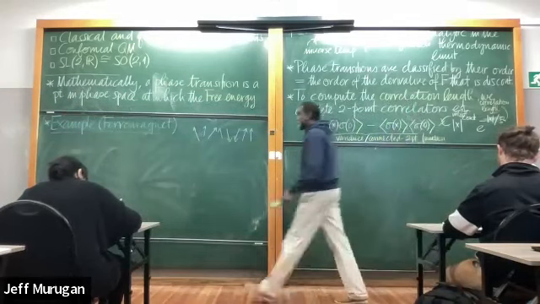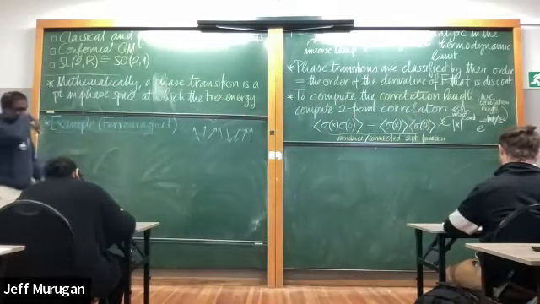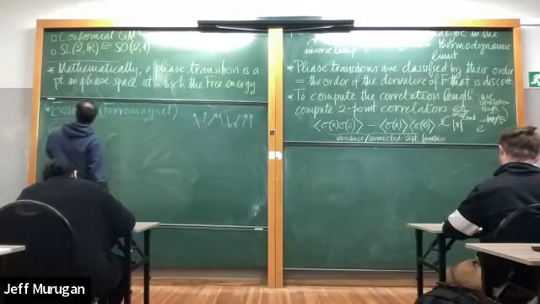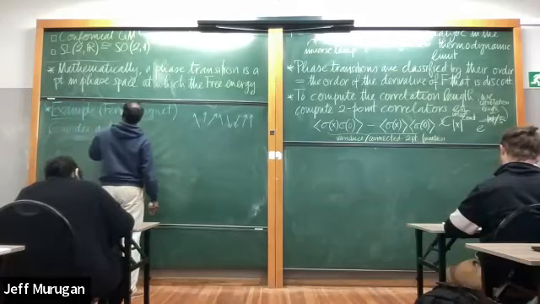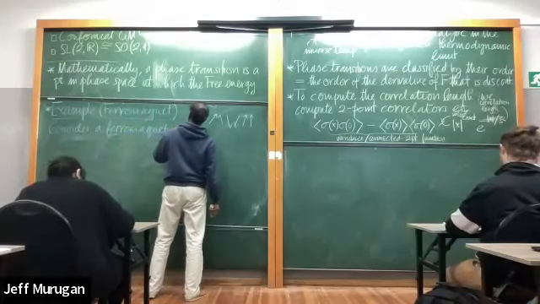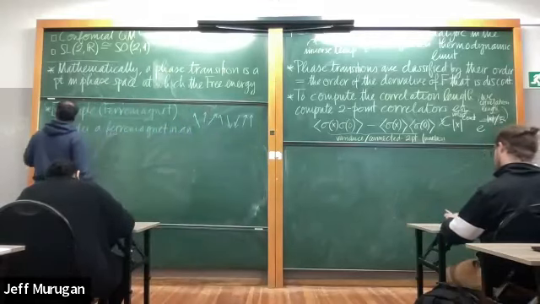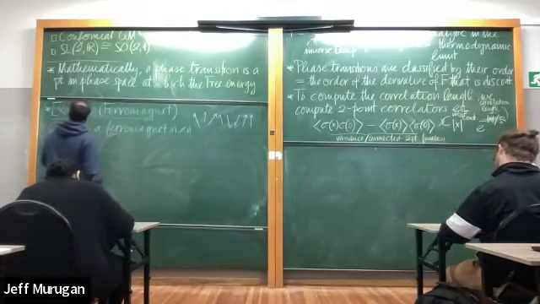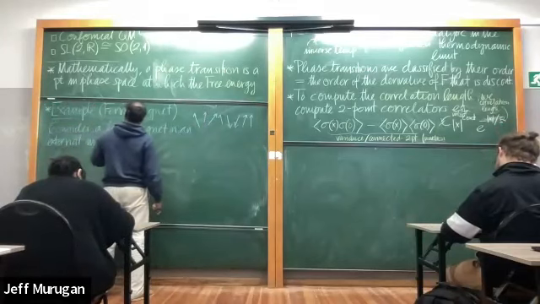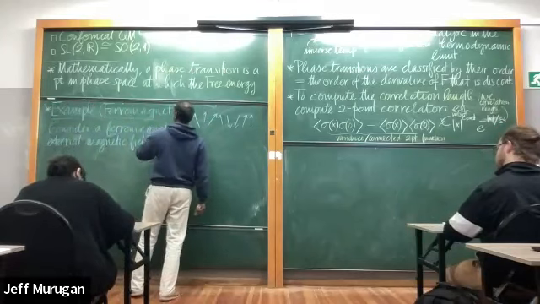So what we want to do is consider some material, ferromagnetic material, in an external magnetic field. So consider a ferromagnet in an external magnetic field.